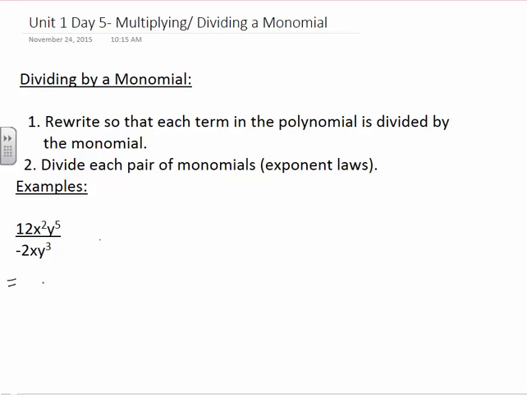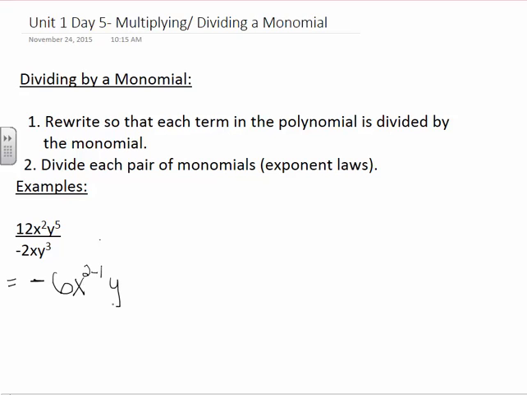And now we follow our exponent rules. So first we divide the numerical coefficients. So 12 divided by negative 2 is negative 6. Then we know that x squared divided by x, because we have to do like terms divided by like terms only, by exponent laws, is x 2 minus 1.